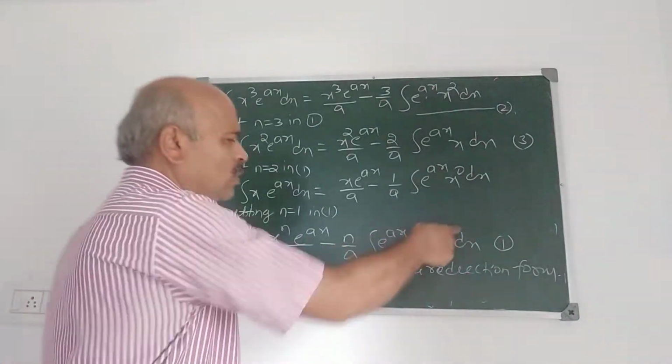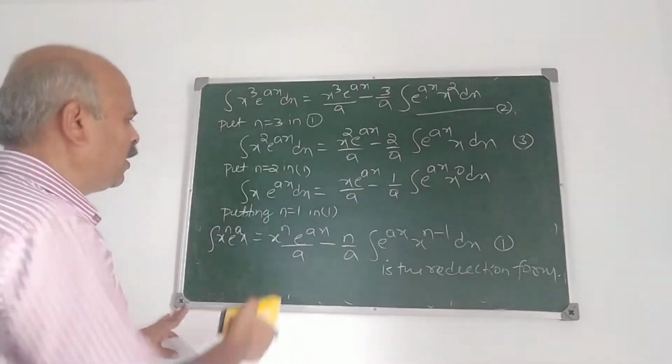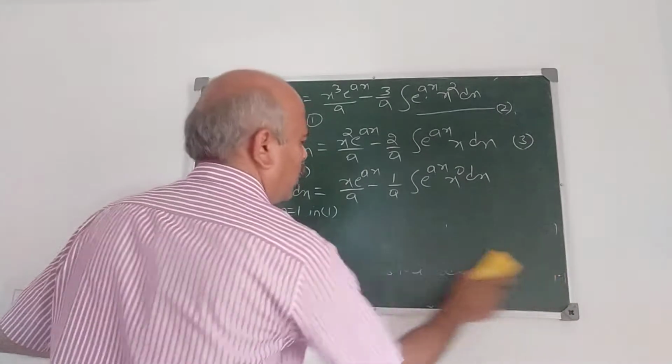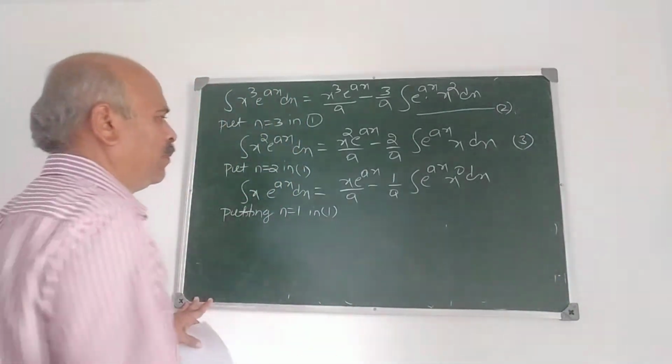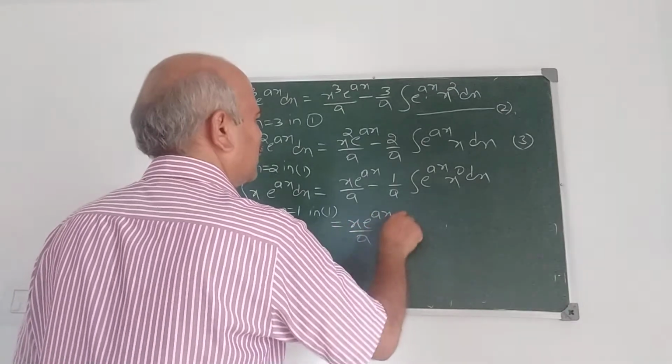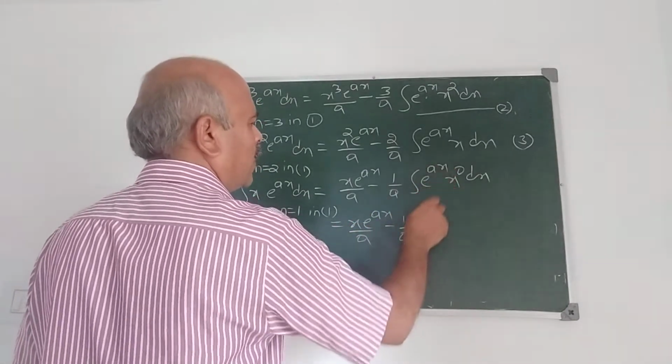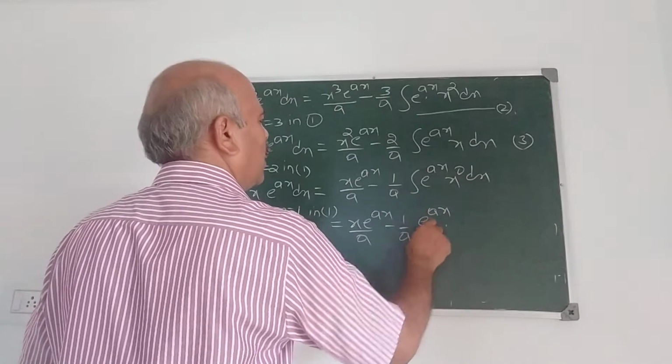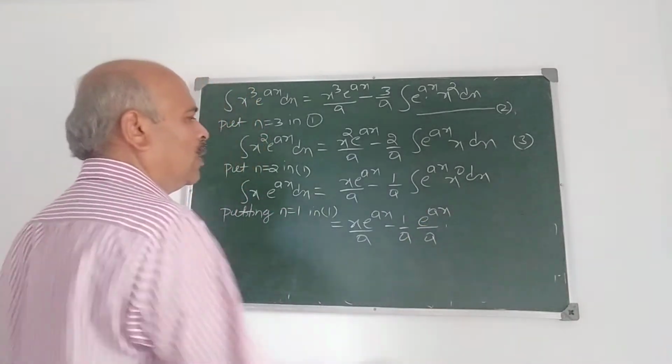You follow now how to use this formula? Only n value you have to substitute. Lastly, we have substituted n is 1. It is x e raised to ax upon a minus 1 upon a, x raised to 0 is 1, e raised to ax upon a. Now take this as 4.